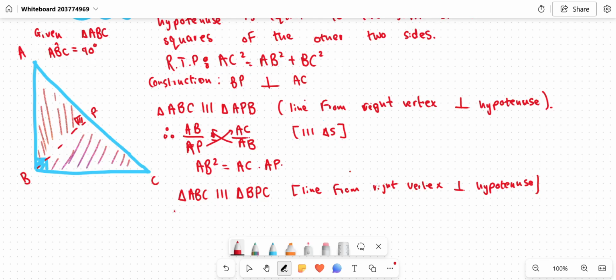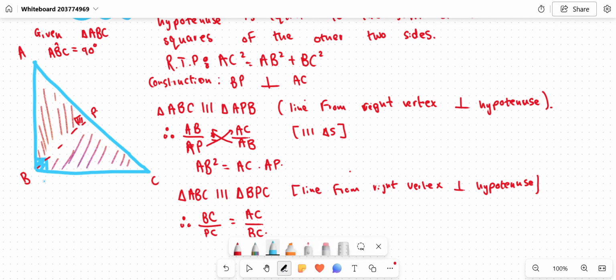So now that I've stated that, I can also make some sides proportional to each other there. I'm going to make particularly the BC side there. So I'm going to have BC divided by PC is equal to AC divided by BC. Where am I getting these sides? You can look there.